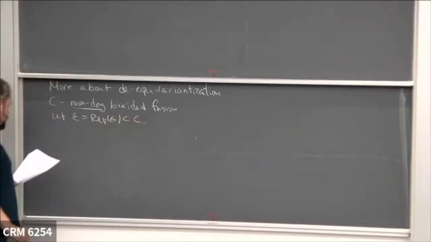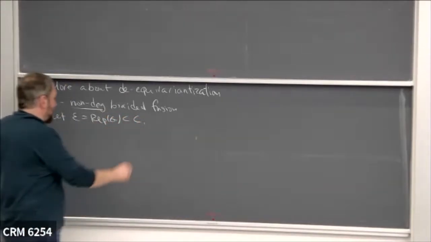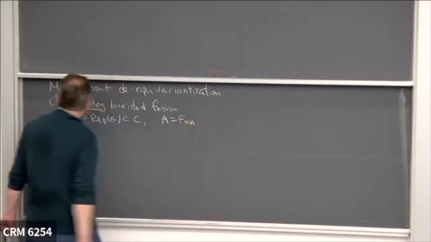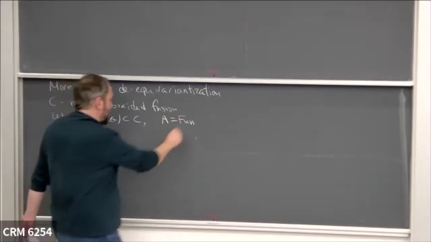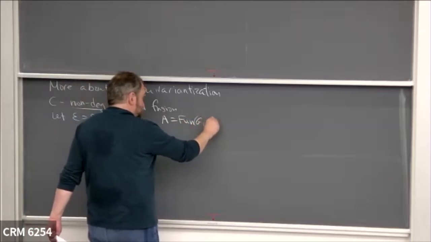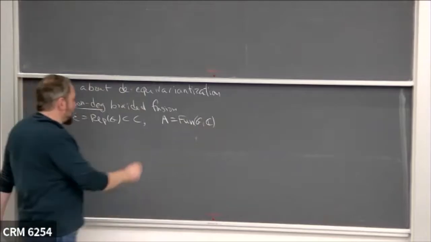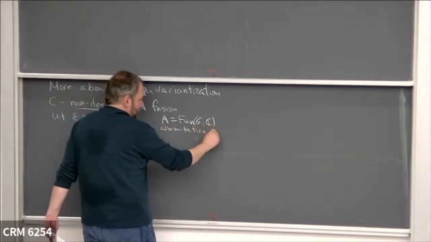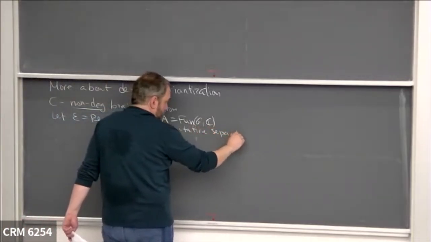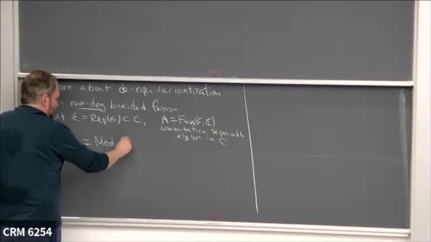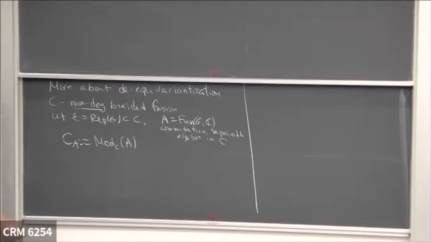Inside C, we have an algebra of functions associated to this subcategory, so complex valued functions on the group G. This is a commutative separable algebra. A-modules in C will be a fusion category.